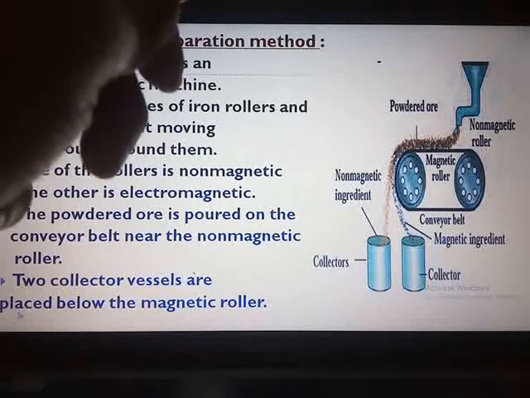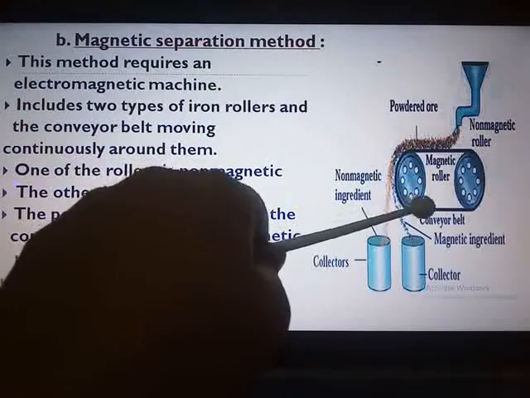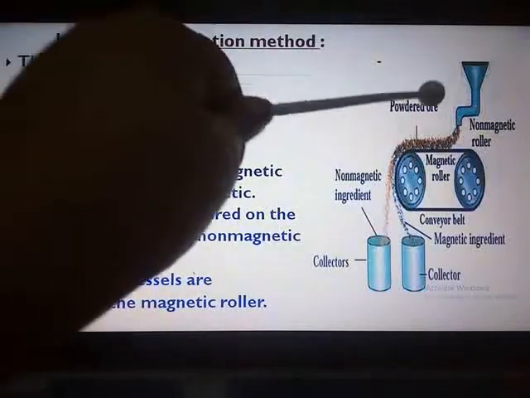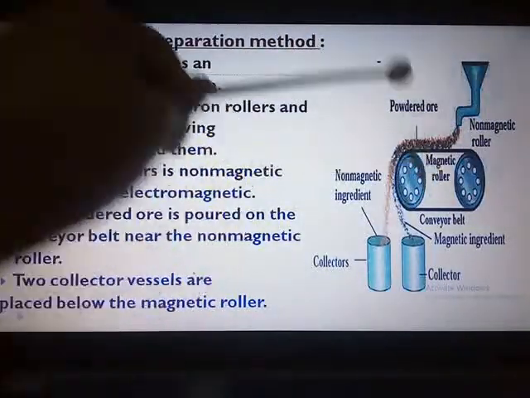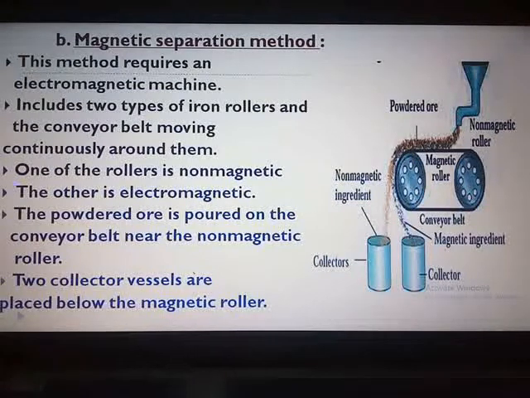You can see the conveyor belt which is moving continuously around them, and non-magnetic roller and magnetic roller. So the two types of iron rollers. One of the rollers is non-magnetic, the other is magnetic.